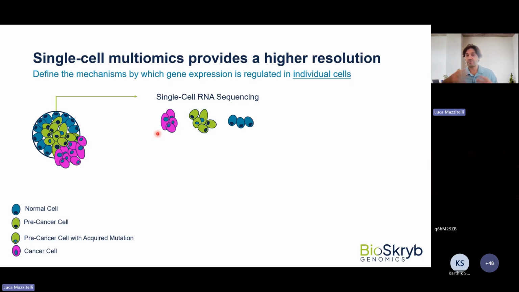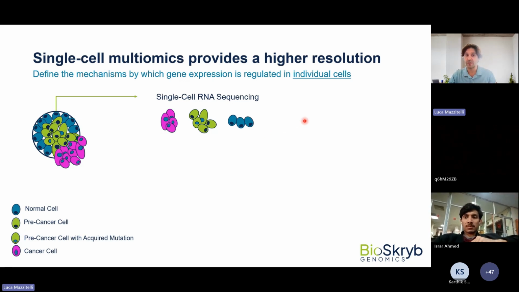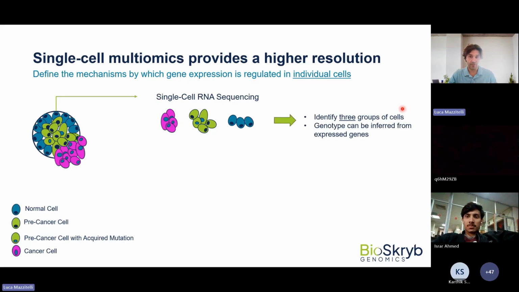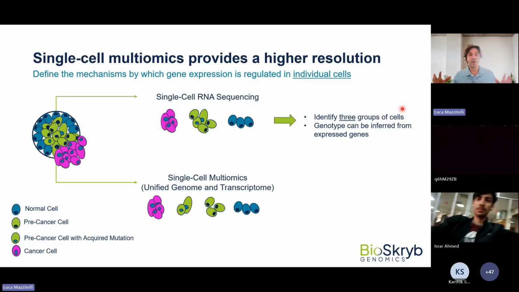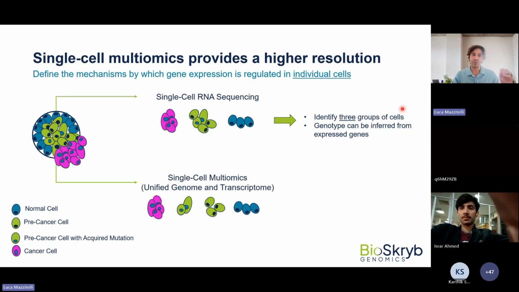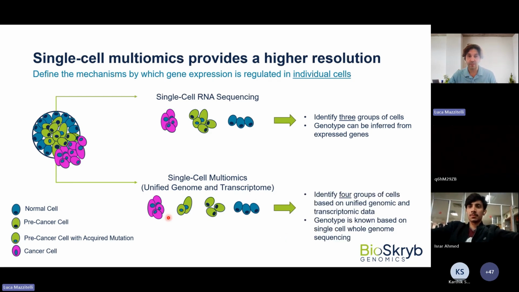So with an RNA sequencing approach, you are able to characterize the population of the cells based on the transcriptomic information, and you are able to characterize 3 groups of cells. And then you can infer the genotype from the expressed genes. But this is in silico information that you are able to detect. If you are actually doing a multiomic approach where you have a unified genome and transcriptome analysis, then this helps you to have a higher resolution to better detect the cell population.